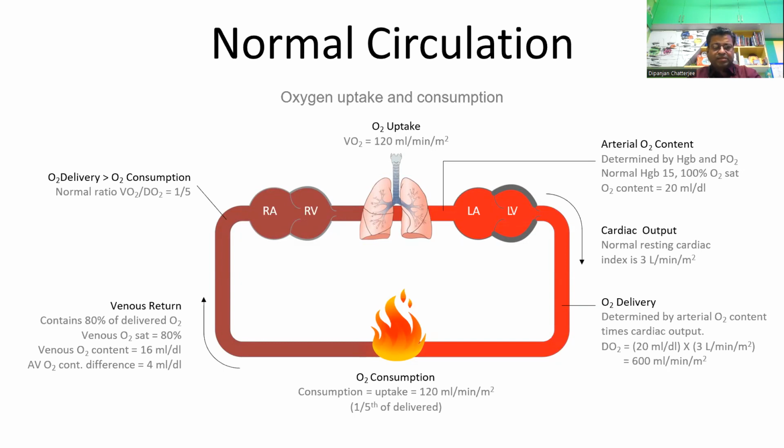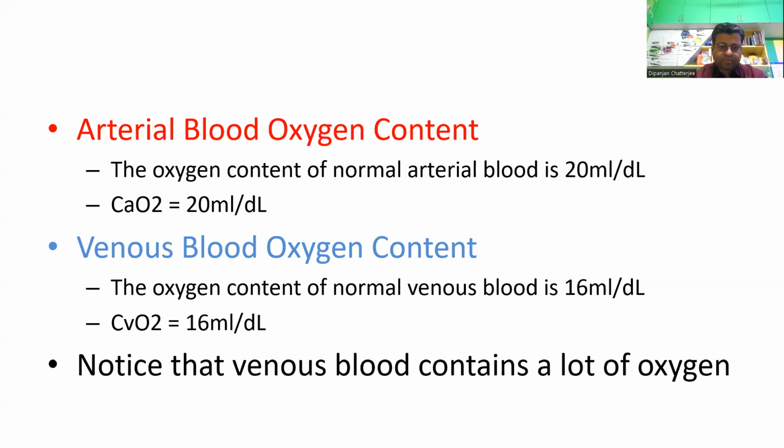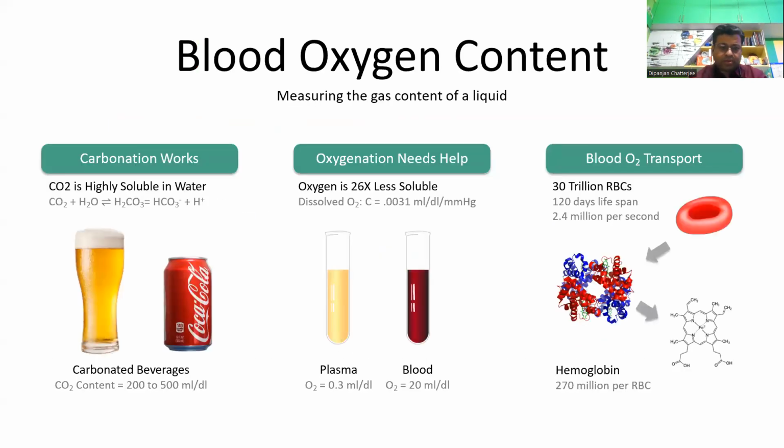So we see that the delivery is around 5 times that of the requirement. But we also see that the venous blood contains a lot of oxygen in it too.